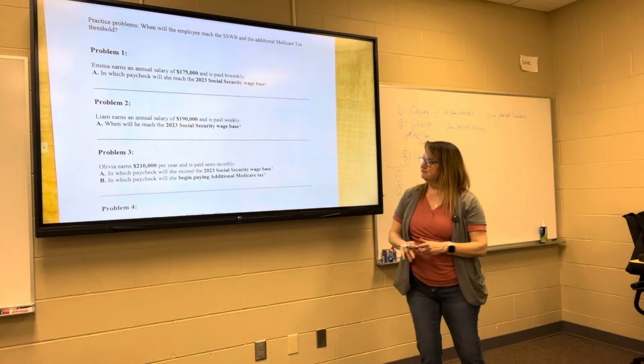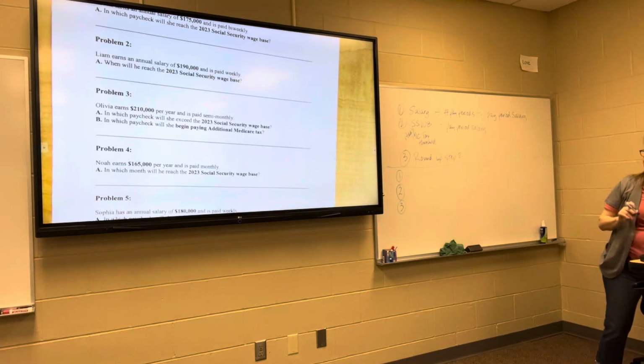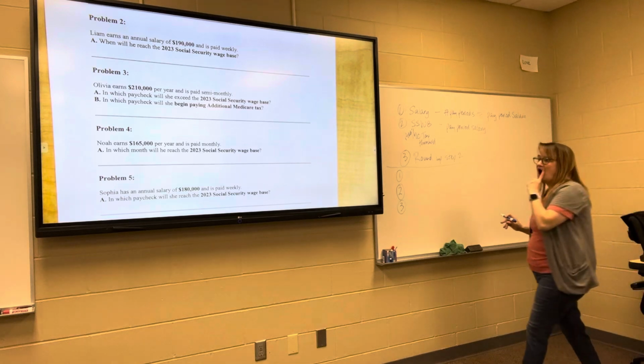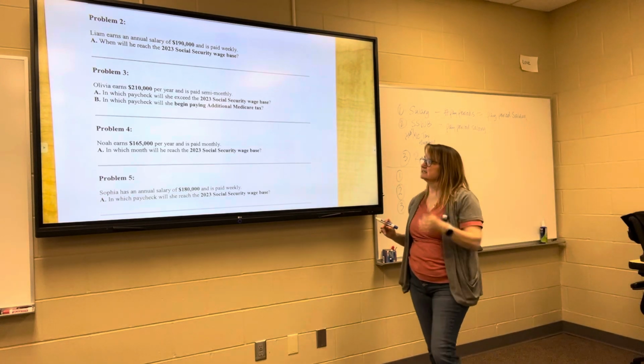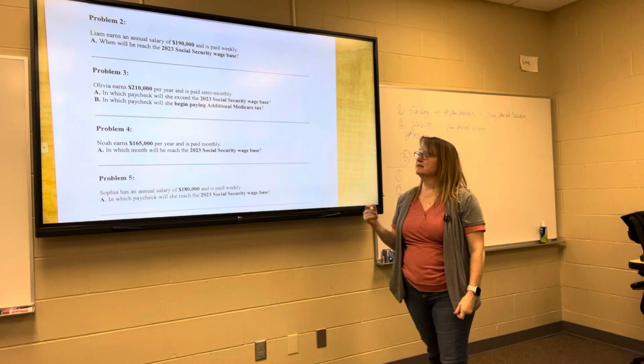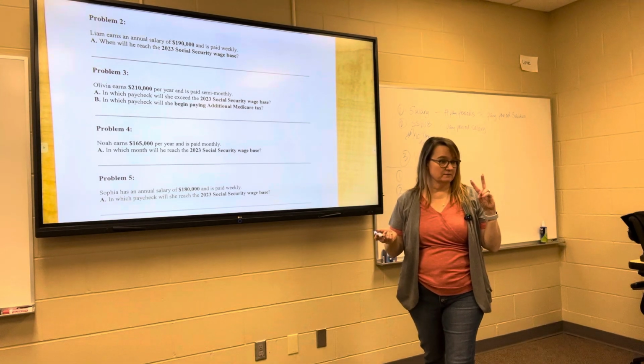Number 3, Olivia earns $210,000 per year, and she's paid semi-monthly. In which paycheck will she exceed the Social Security wage base? In which paycheck will she begin paying additional Medicare tax? So we got 2 questions here.